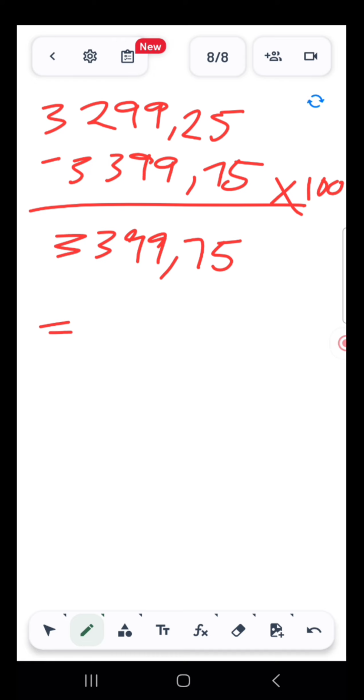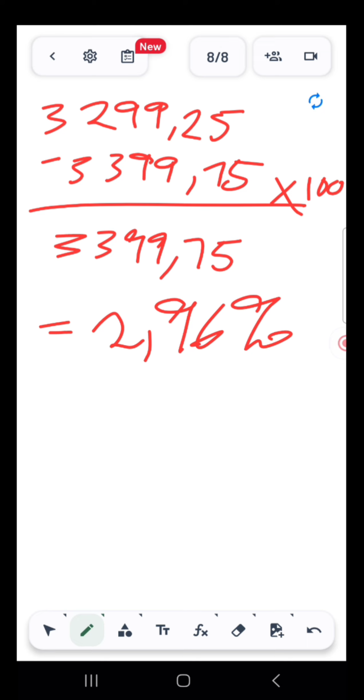Now your calculator should give us the correct answer. So it decreased by negative 2.96%. The negative shows a decrease, right?